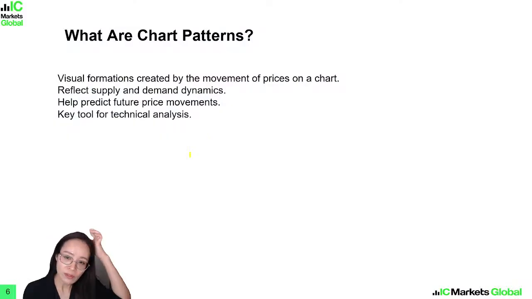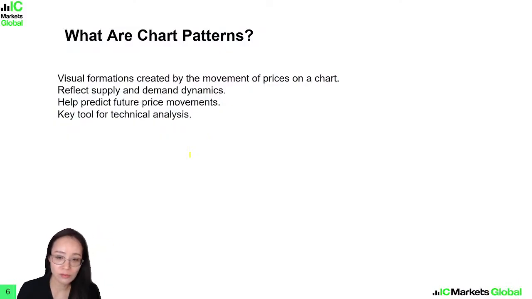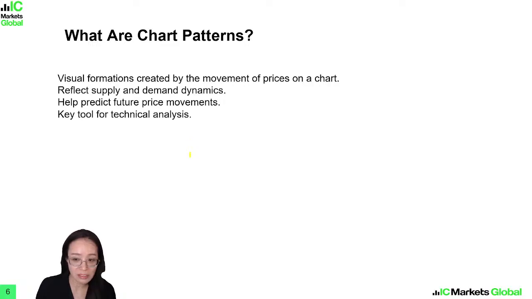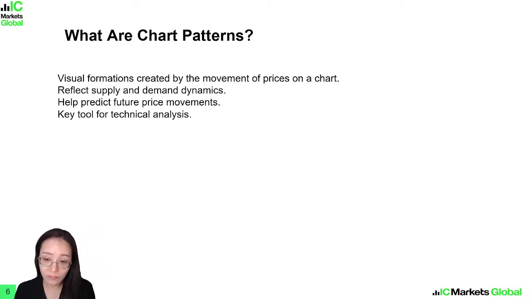Okay, so what are the chart patterns? Basically it's the information created by the movement of price on a chart, reflecting supply and demand dynamics, helping predict future price movement, a key tool for technical analysis. So usually we use the chart pattern for confirmation.